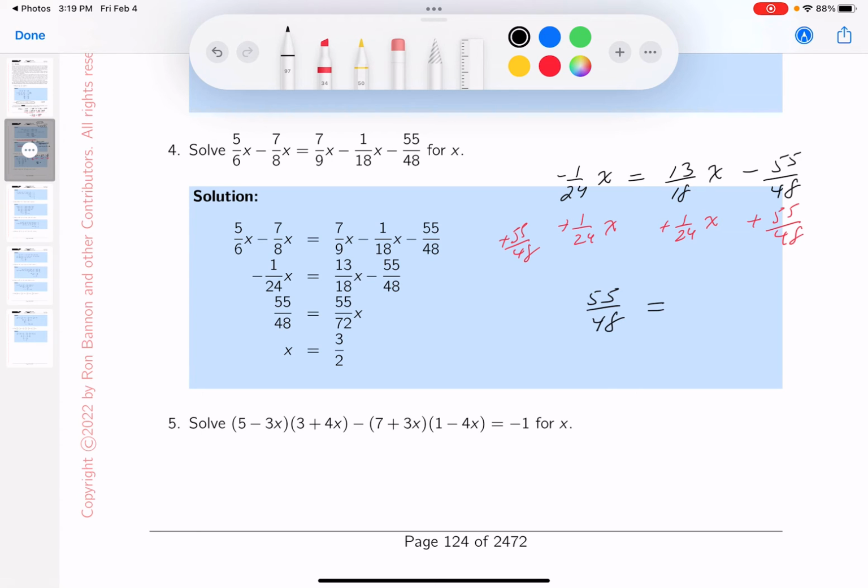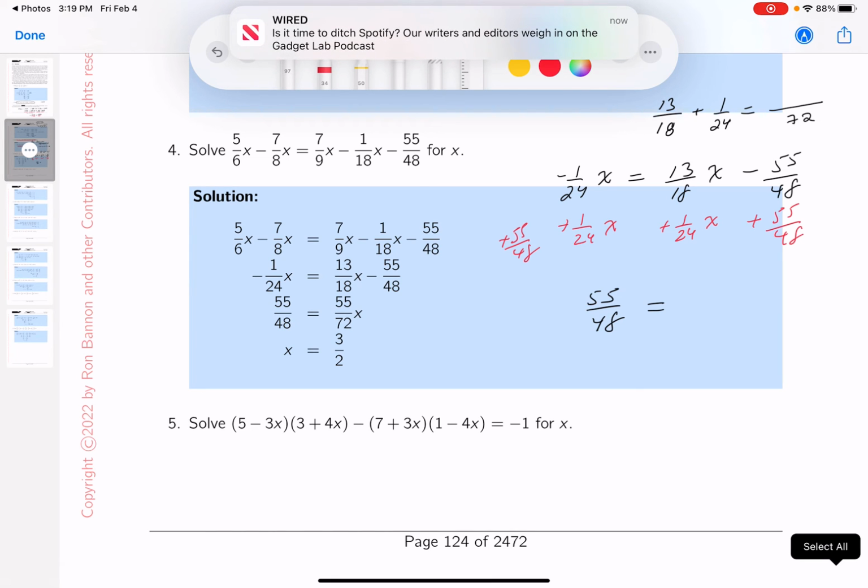But on the right side, there is some arithmetic to do. And what do you get? 13 over 18 plus 1 over 24. Well, I'm going to say by inspection, but inspection or not, there is a common denominator. I'm going to say the least common denominator is 72.